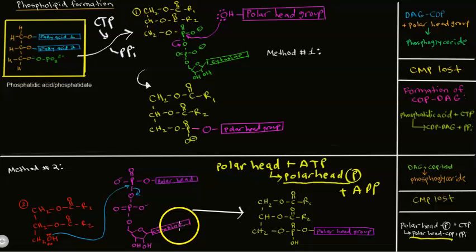So again, this is an important point to understand, because this phosphatidic acid is absolutely crucial, but it's used specifically for this first method of forming the glycerophospholipid. Anyways, I hope you found this helpful.